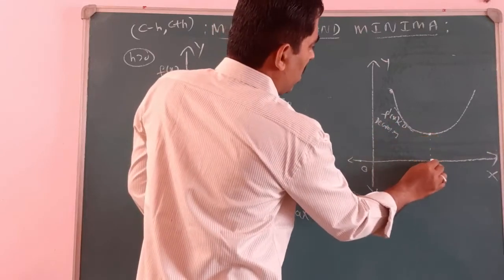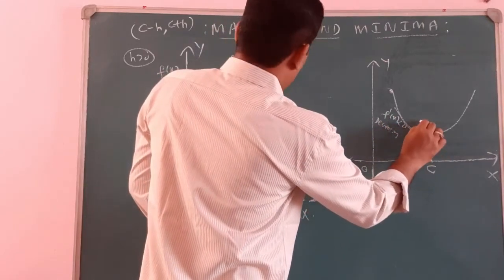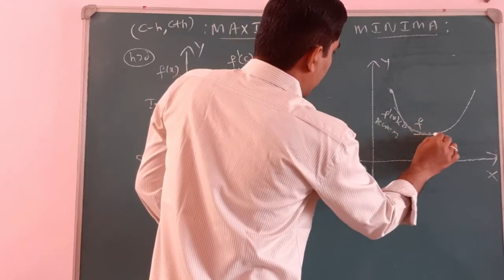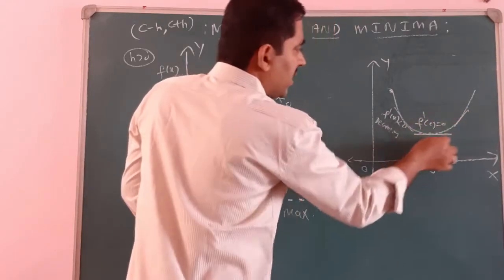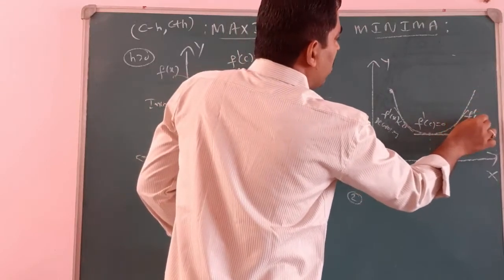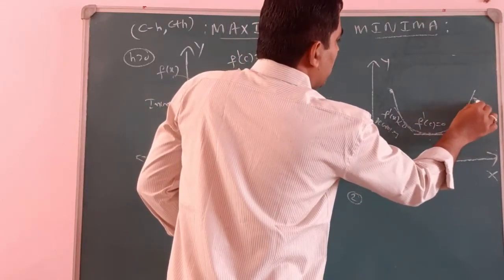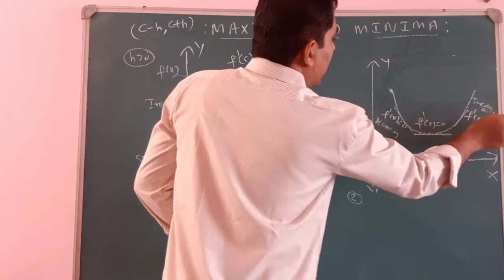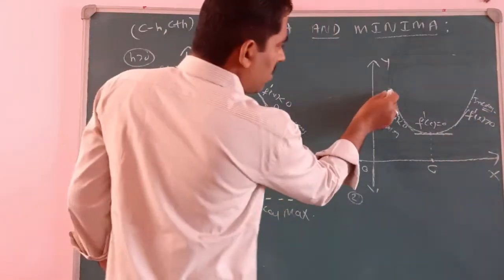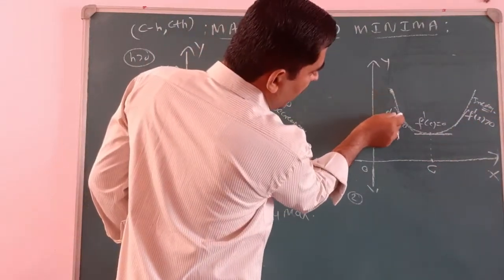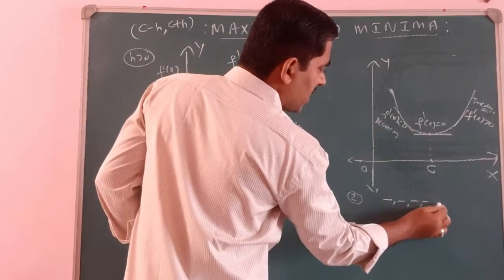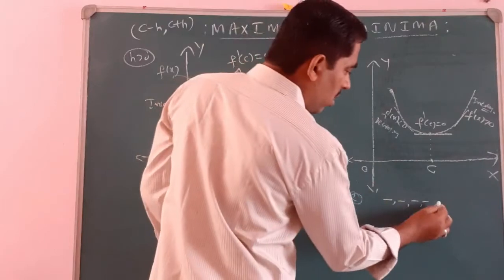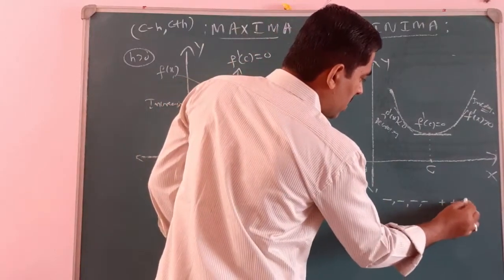Observe this point. At this point the derivative f dash c will be 0. Then after passing this, it will be greater than 0, that is, it will be increasing. The curve starts from this, decreasing, then it reaches some point where f dash c is 0, then once again it increases.